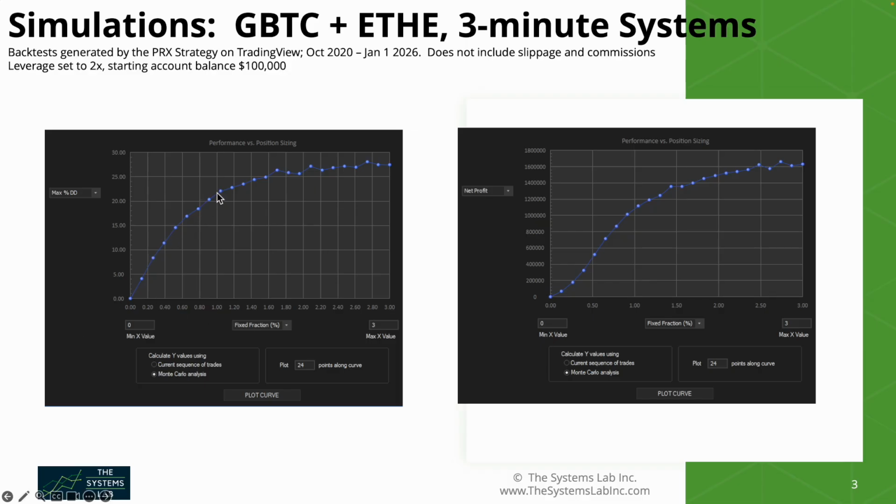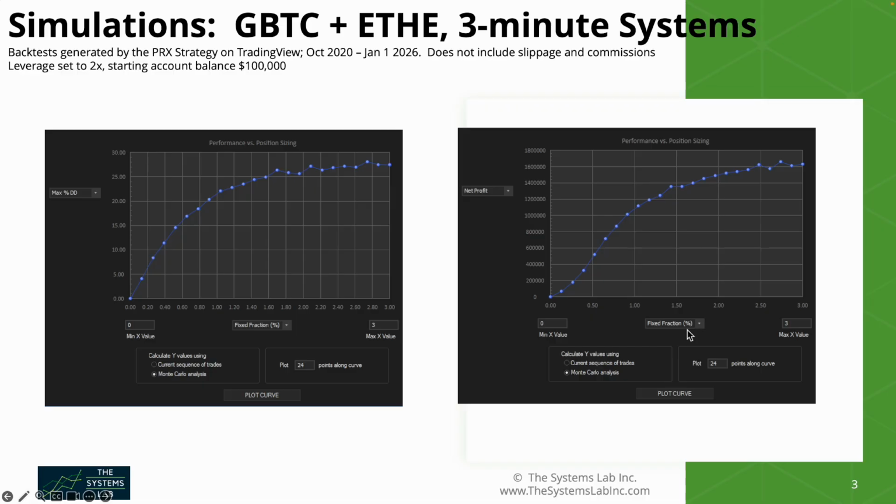That's the point where the curve crosses the 1% line. If you were going to risk 1.5%, you would be closer to 25%. And as we go up, it kind of levels off because we run out of margin to buy full-size trades at a larger risk.